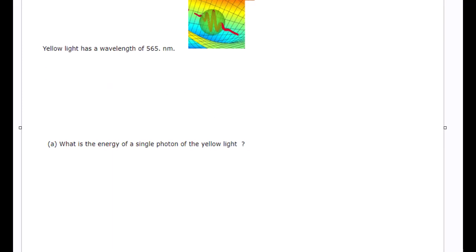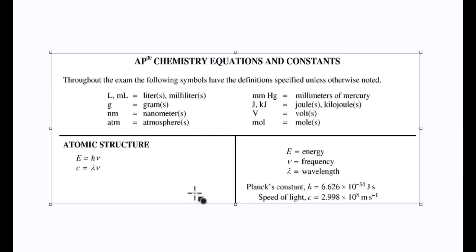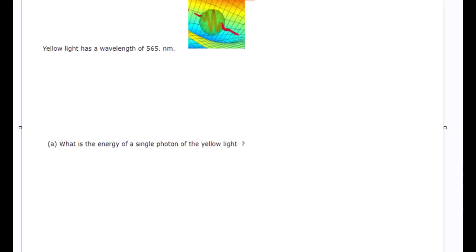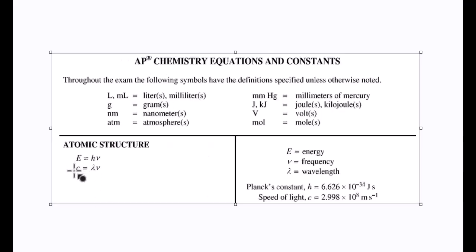Now, the secret to solving this is in using a couple of equations that you'll find on the AP exam. The energy is equal to Planck's constant times a frequency, which is nu, and then this other one. In this problem, you'll see that we don't have a frequency. We've got a wavelength, so we've got to bring in a second equation, which allows us to calculate the frequency.